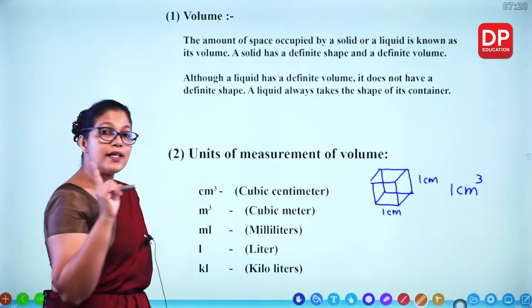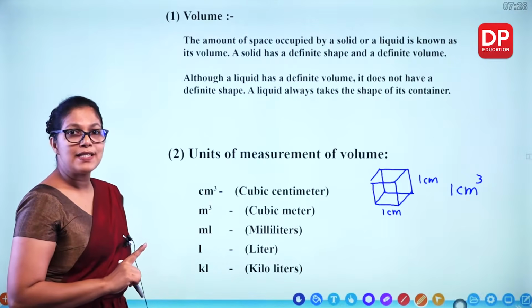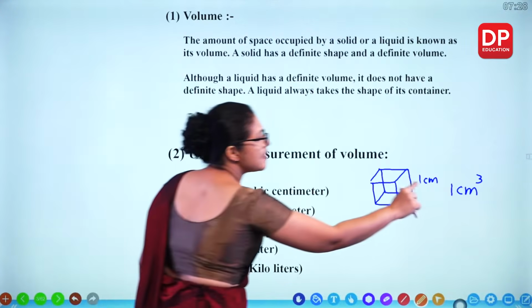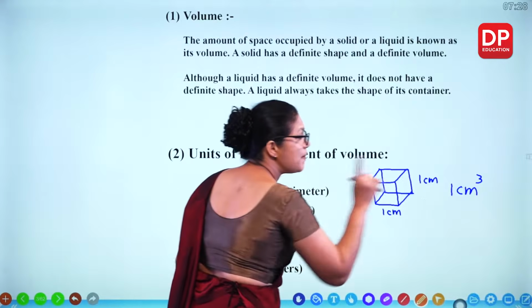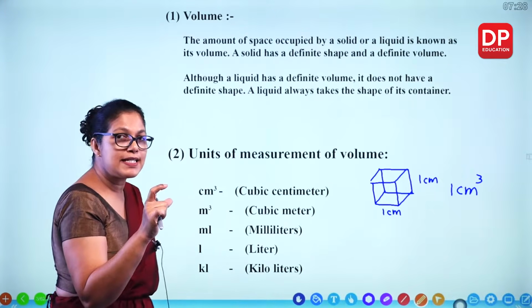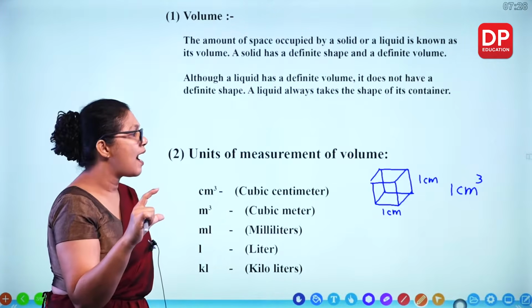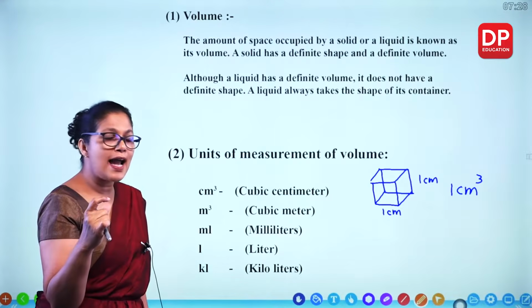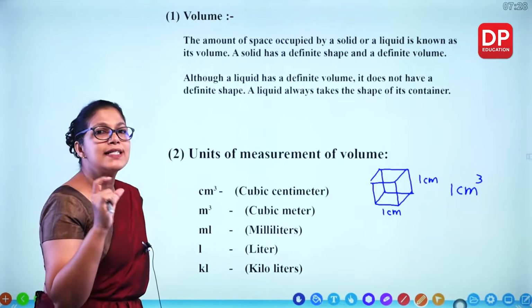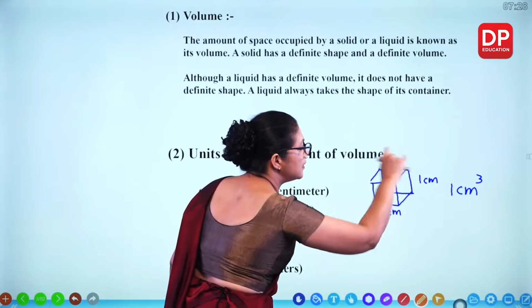What about 1 cubic meter? This is 1 cubic centimeter: if you take 1 centimeter length, 1 centimeter width and 1 centimeter height, this is called 1 centimeter cube.